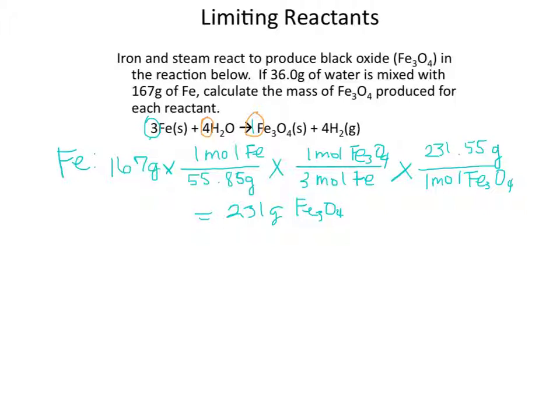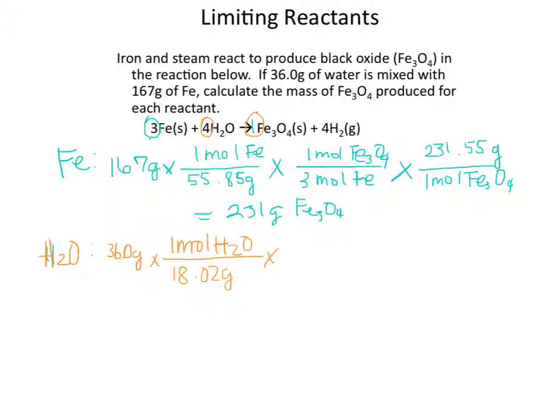Now let's find out how much would be made if we used the mass for water. So here's water. Let's use a different pen color. We start off with 36.0 grams of water, and we divide that by the molar mass of water, which is 18.02 grams.